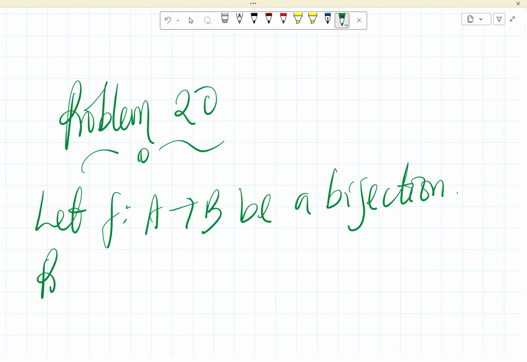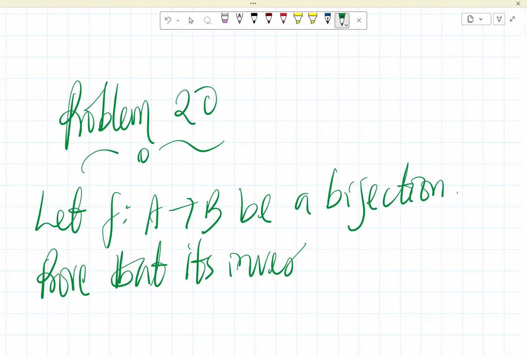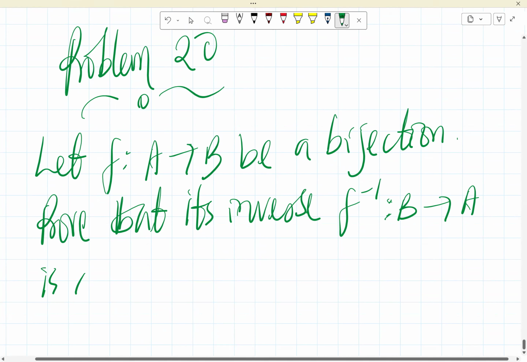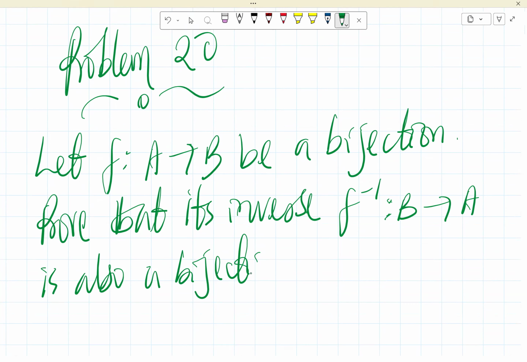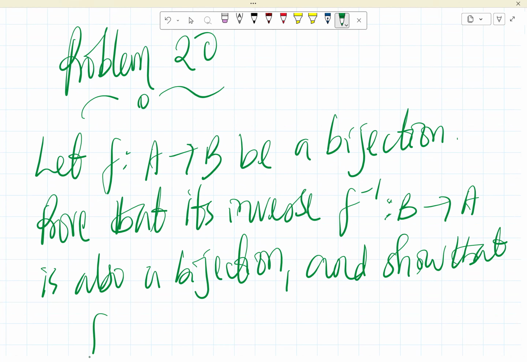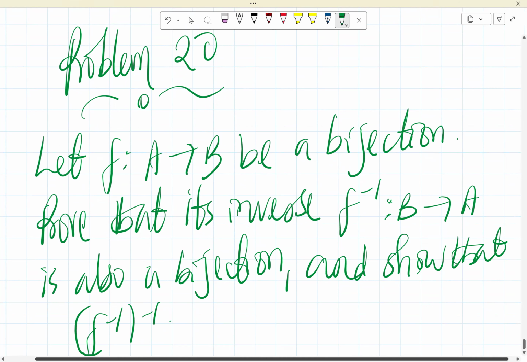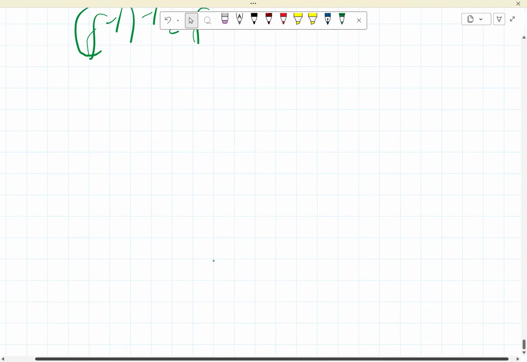So we want to prove that its inverse, F inverse, maps B to A, is also a bijection, and show that the inverse of F inverse is equal to F.